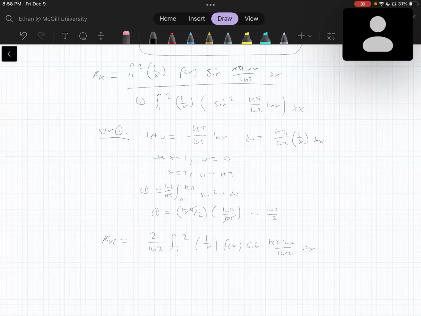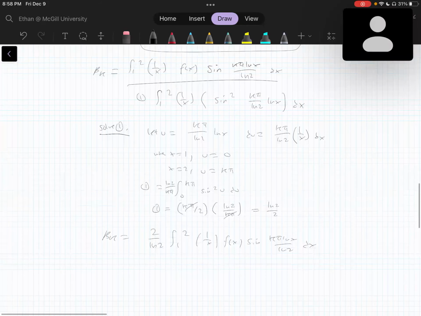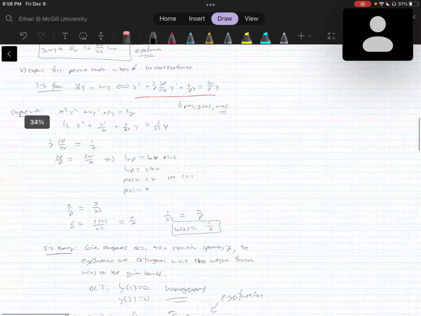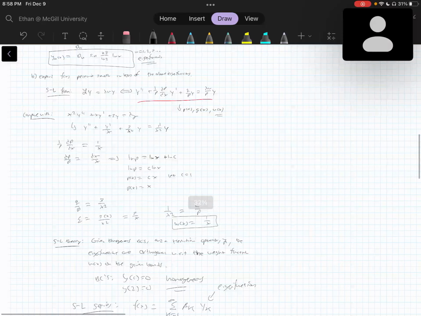And finally, writing f of x, piecewise smooth, as the question asks, in terms of the above eigenfunctions, we're going to use the Sturm-Liouville series.